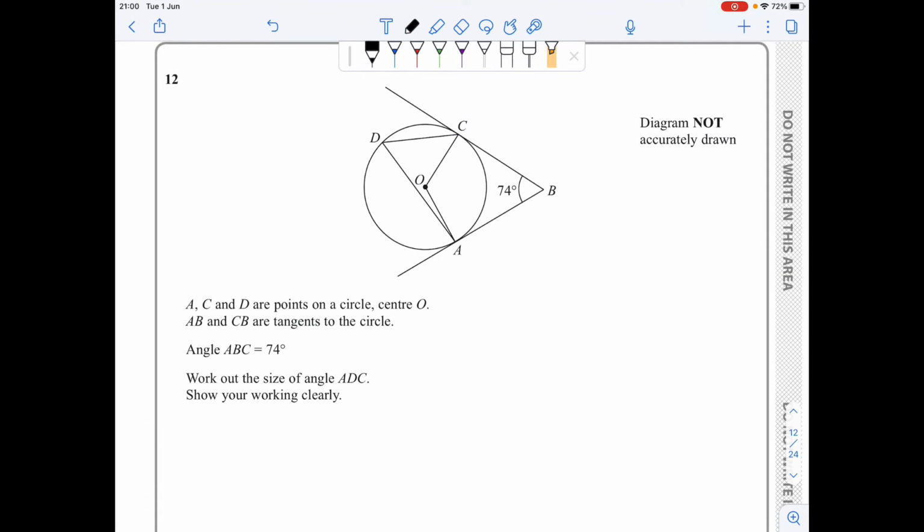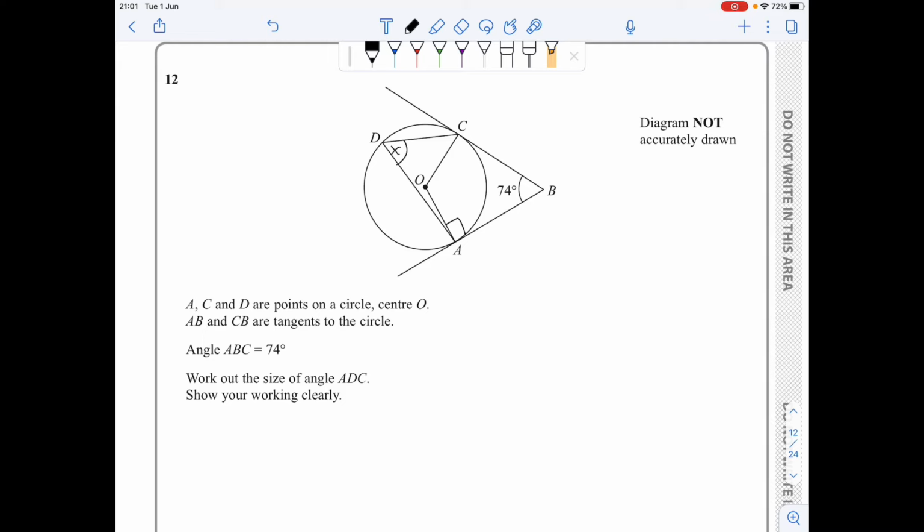In question 12, I need to work out the size of angle ADC. It's the angle I marked X. Now, to do so, first I should recognize that angle BAO is 90 degrees. That's the angle between a tangent and a radius.